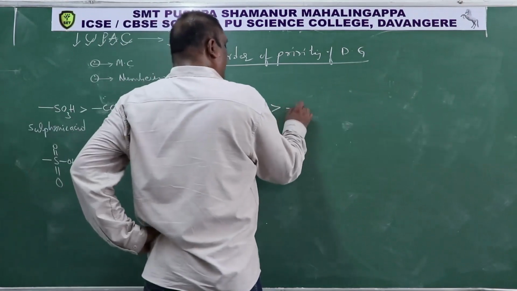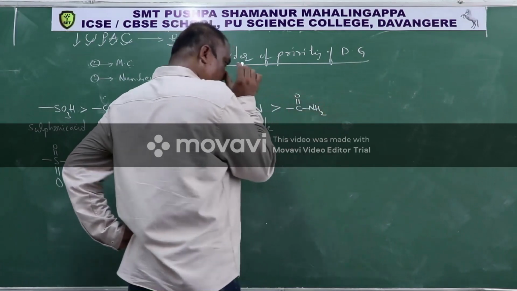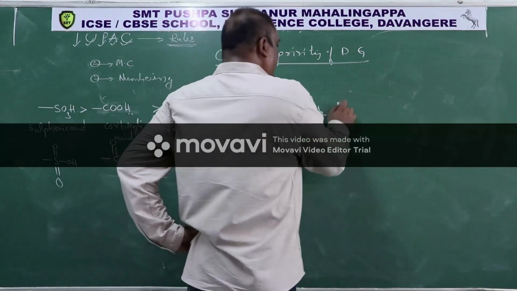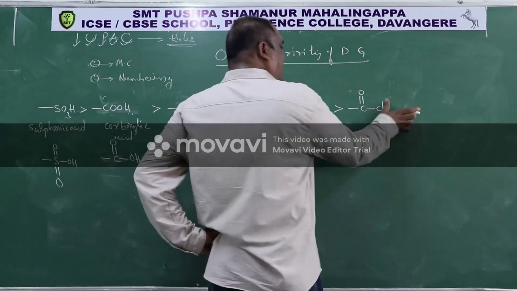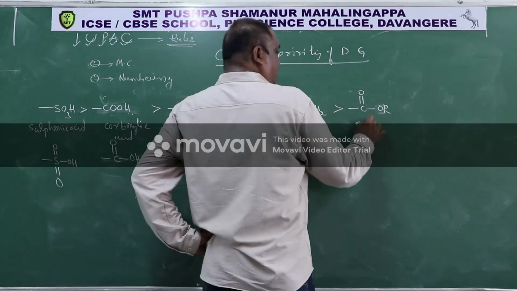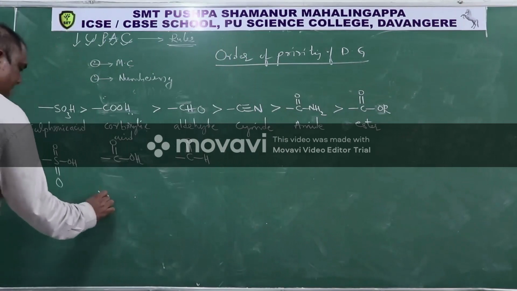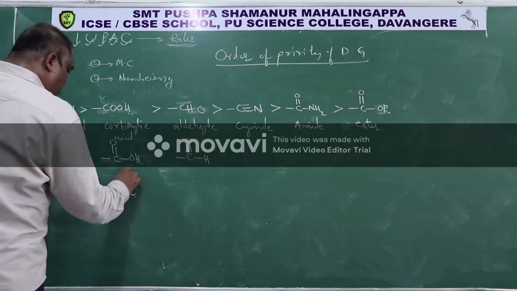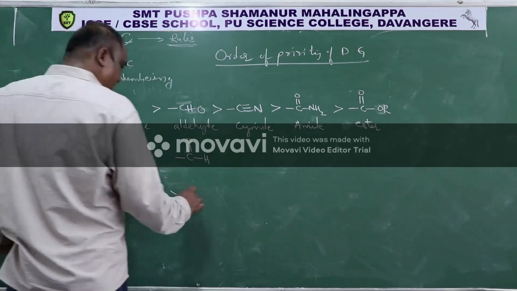Greater than C double bond O NH2 group. Then this is amide group. Greater than C double bond O Cl group. C double bond O R. This is ester group. Greater than C double bond OX group. Greater than OH group.